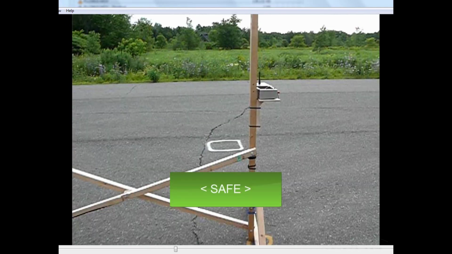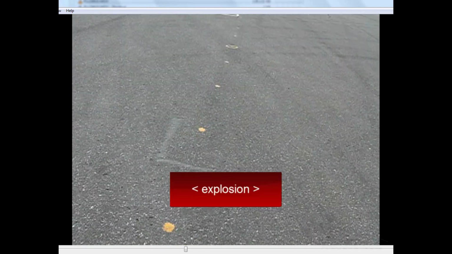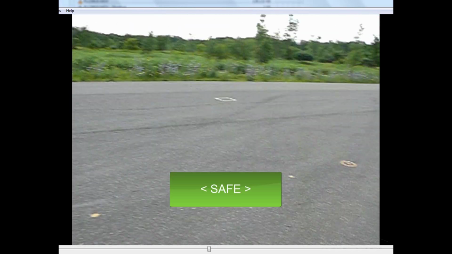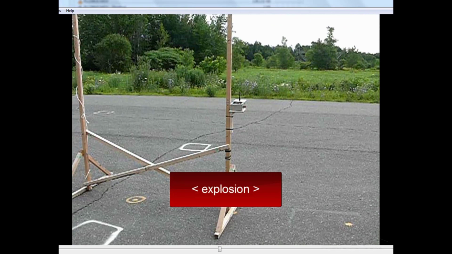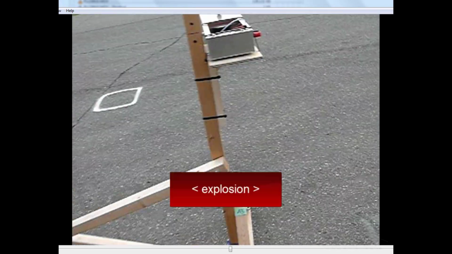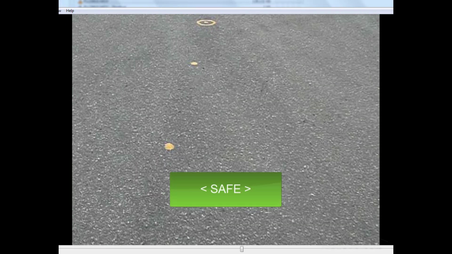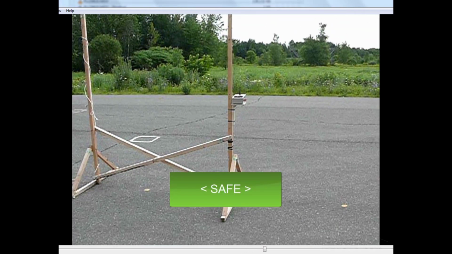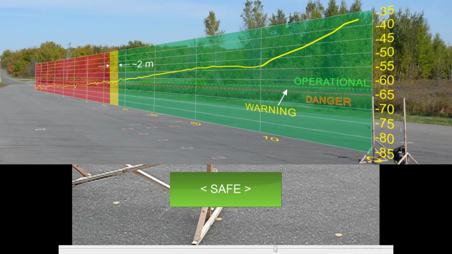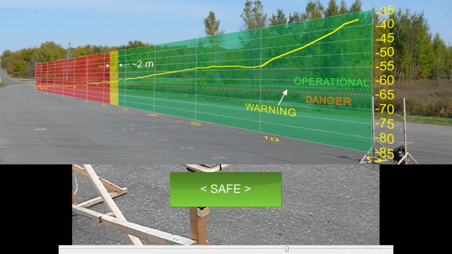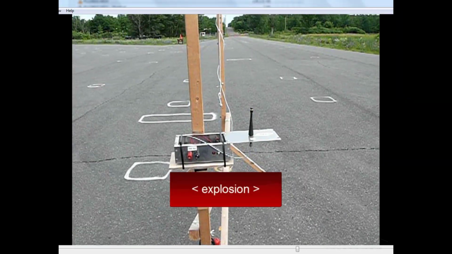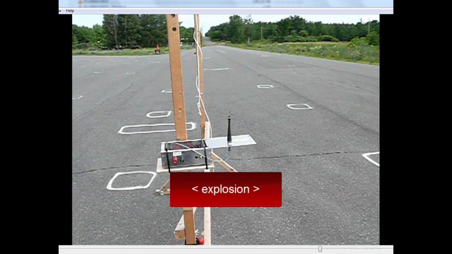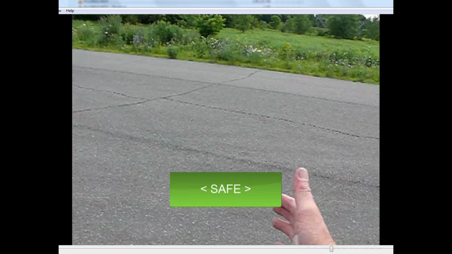Now let's change it by a meter, toward the jammer. We still have breakthrough. Another meter. Now it's 78 meters. Less breakthrough, or none, unless I stand in front of the jammer. Even a hand can do it.